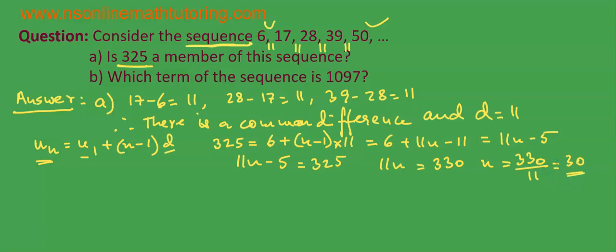Hence, 325 is a member of the sequence. Yes, it is a member of the sequence. It is the 30th term.